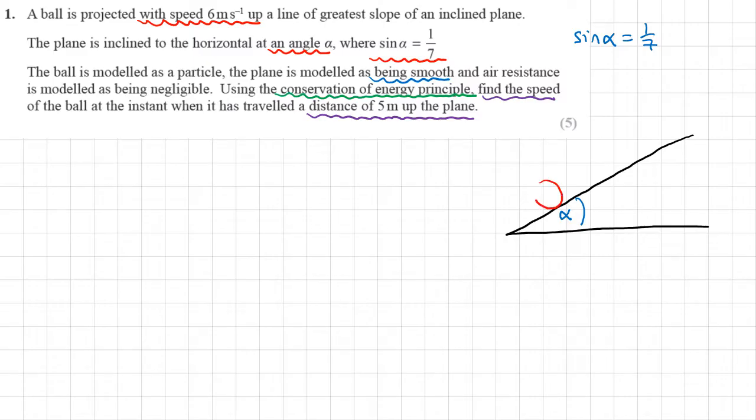And my particle starts at a point down here, moving at a speed of 6 meters per second. It then moves 5 meters up the slope, so let's put 5 meters here as the distance that it's moved up, and we need to work out what speed it is at that instant, so we'll call that V.